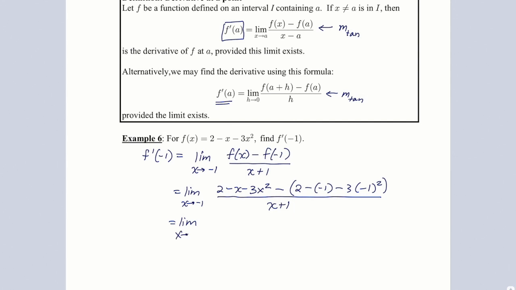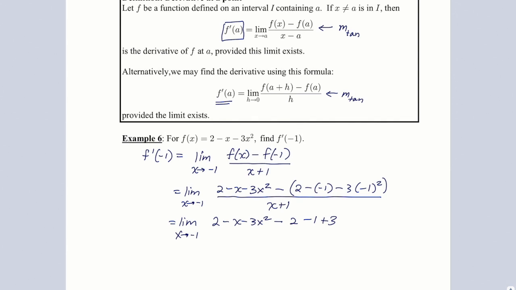So now I have the limit as x goes to -1 of 2 minus x minus 3x squared. Let's see, minus 2, that's 3 negatives on that one, so minus 1. And let's see, -1 squared is 1, so minus -3, so plus 3.